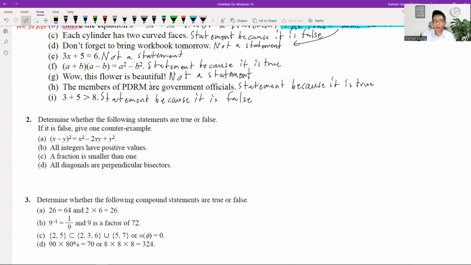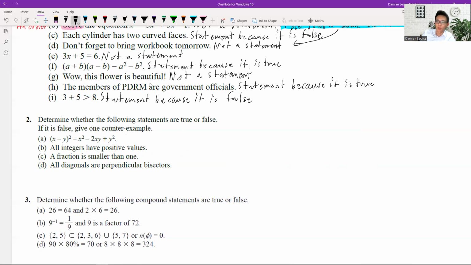Okay, so if we see each of these, part A, x minus y squared equals x squared minus 2xy plus y squared. If you're not sure, slowly expand it. Just take x minus y times x minus y, you will actually get this.